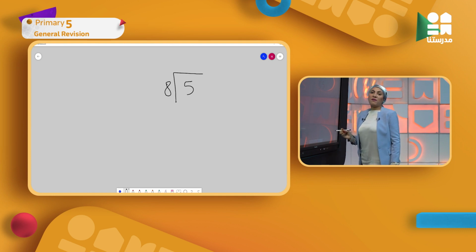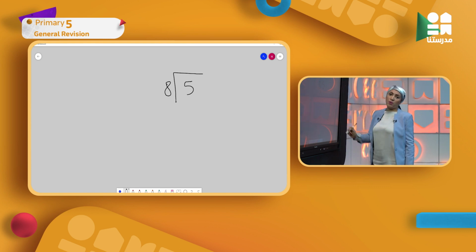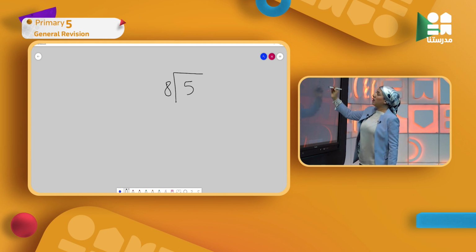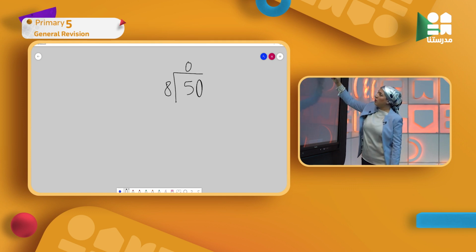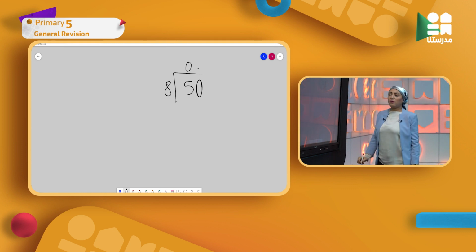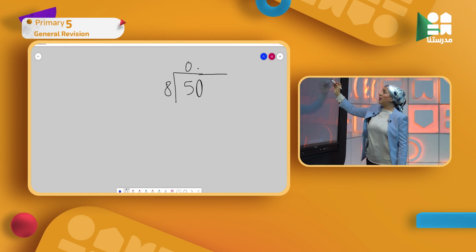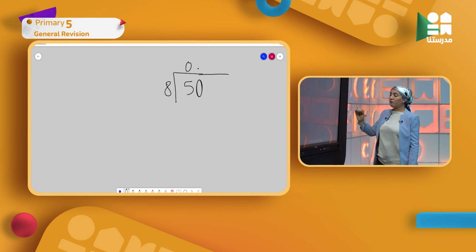We said before that if I borrow a 0 at any point, I have to put a decimal point up there. So when I borrow, I will put a 0 next to the 5, and the decimal point goes up in the quotient, the answer place on the rooftop.